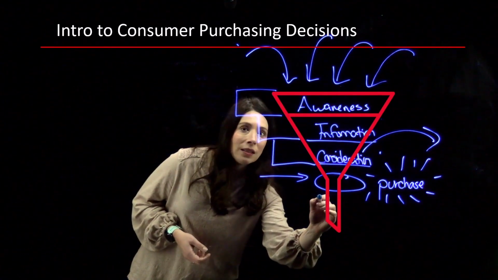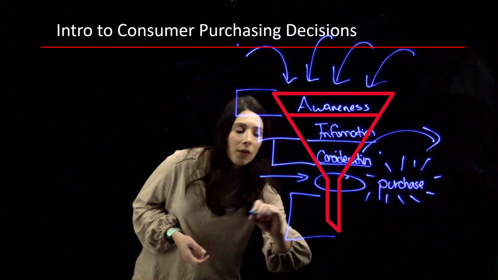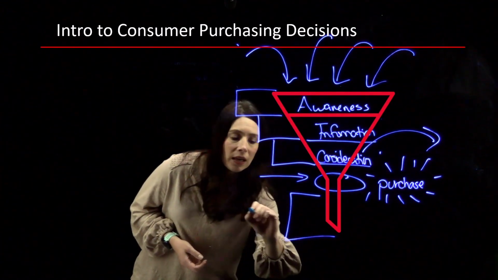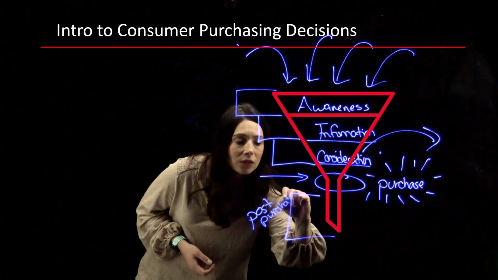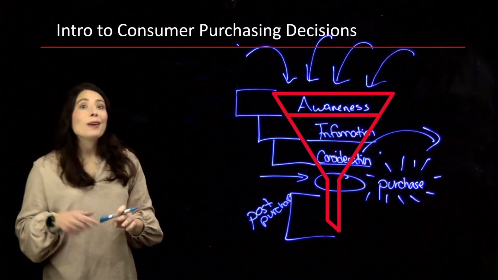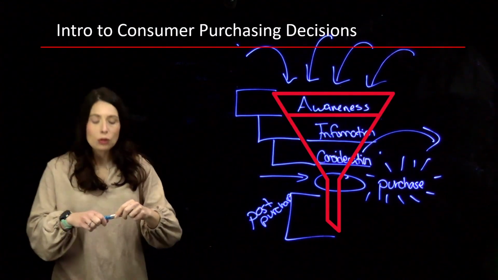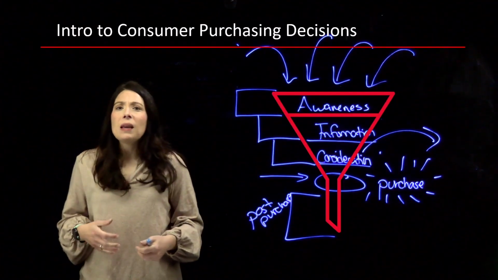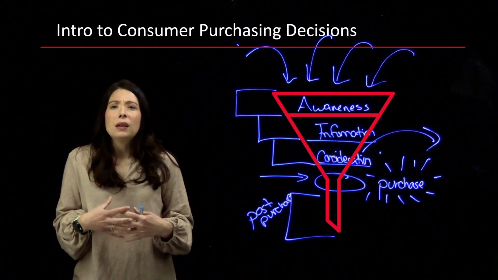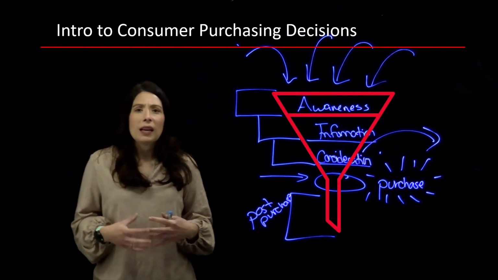After that purchase, we have what we call post-purchase behaviors. Right? This could be the buyer's remorse. When you buy something and you're so excited to get it and it arrives too early or it isn't exactly what you thought it would be and you have that feeling in your stomach of, oh, this isn't what I intended.